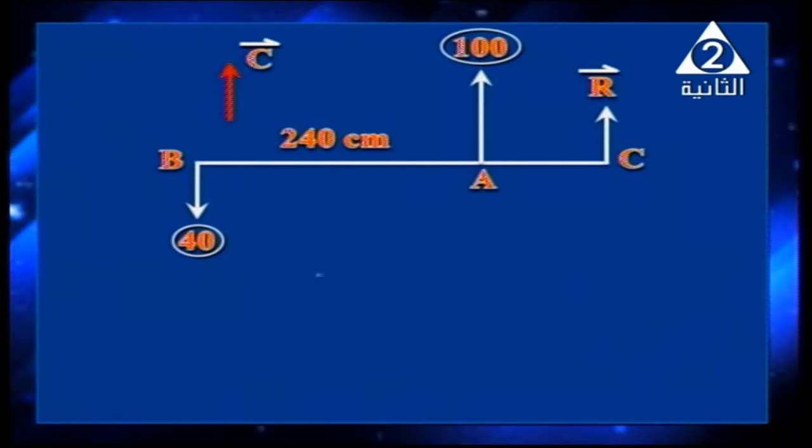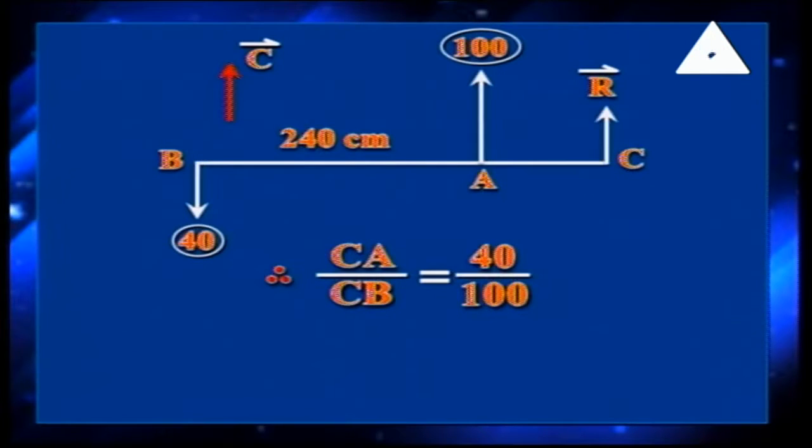And CA over CB equals what? 40 over 100. CA over CB equals the inverse ratio, 40 over 100.